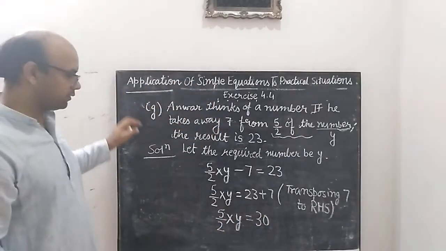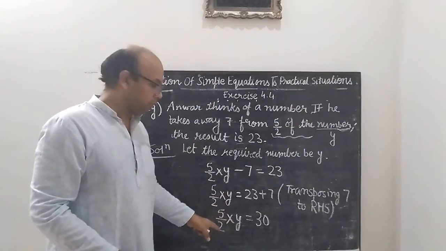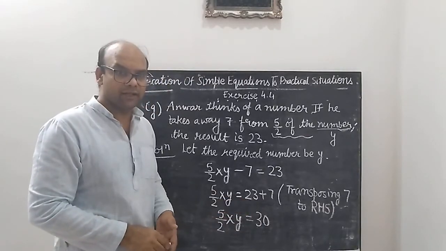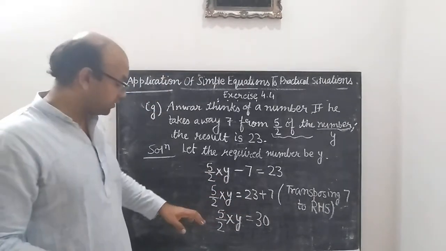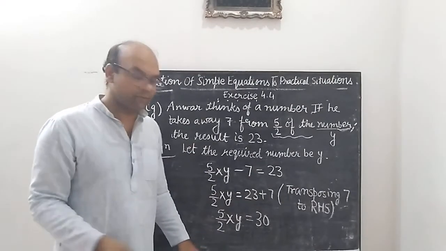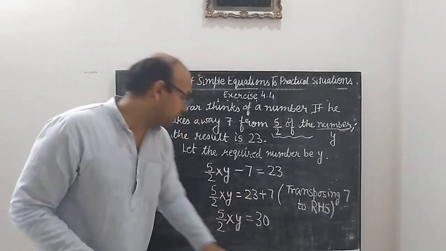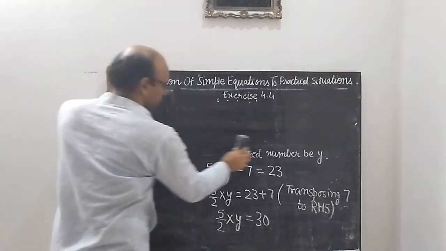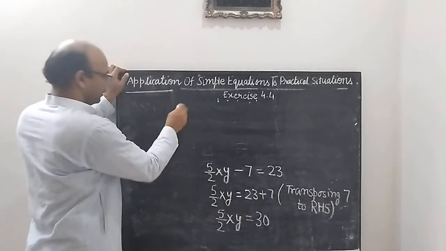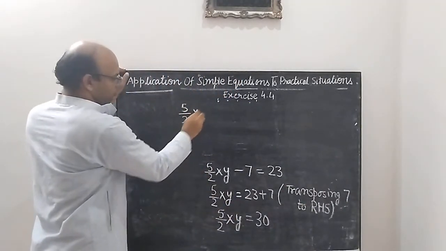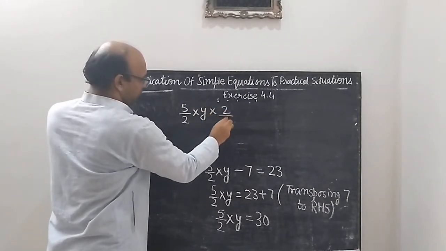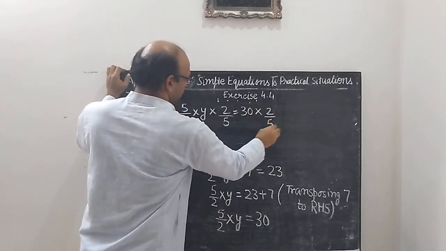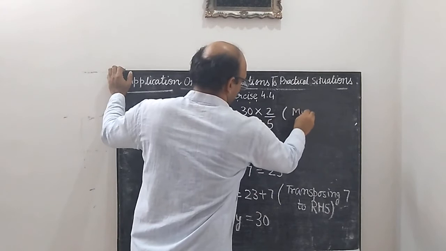Now we have to remove this 5 by 2. To remove this 5 by 2, we multiply both the sides by its reciprocal. What is the reciprocal of 5 by 2? 2 by 5. So we multiply both the sides by 2 by 5. So 5 by 2 into y into 2 by 5 is equal to 30 into 2 by 5.